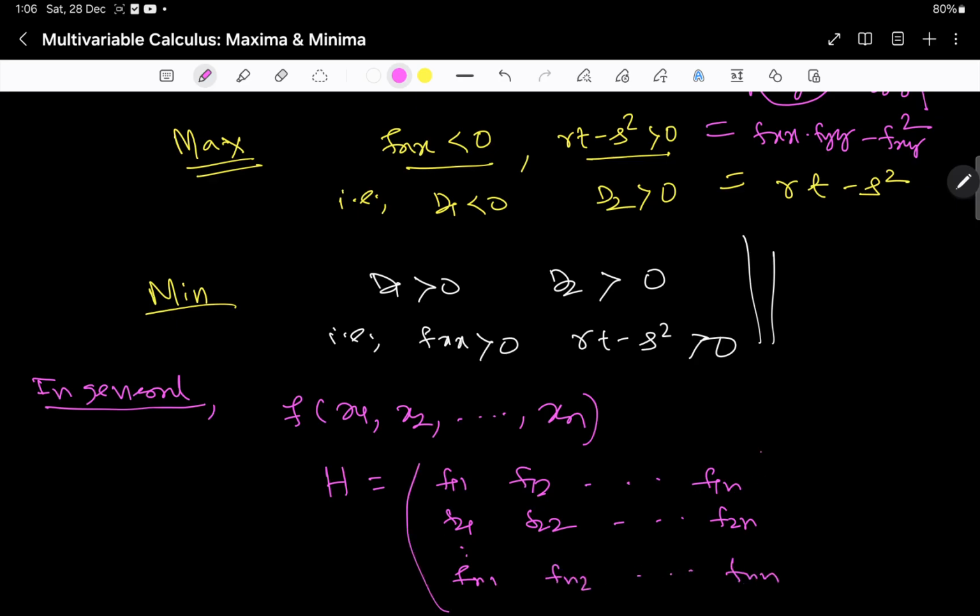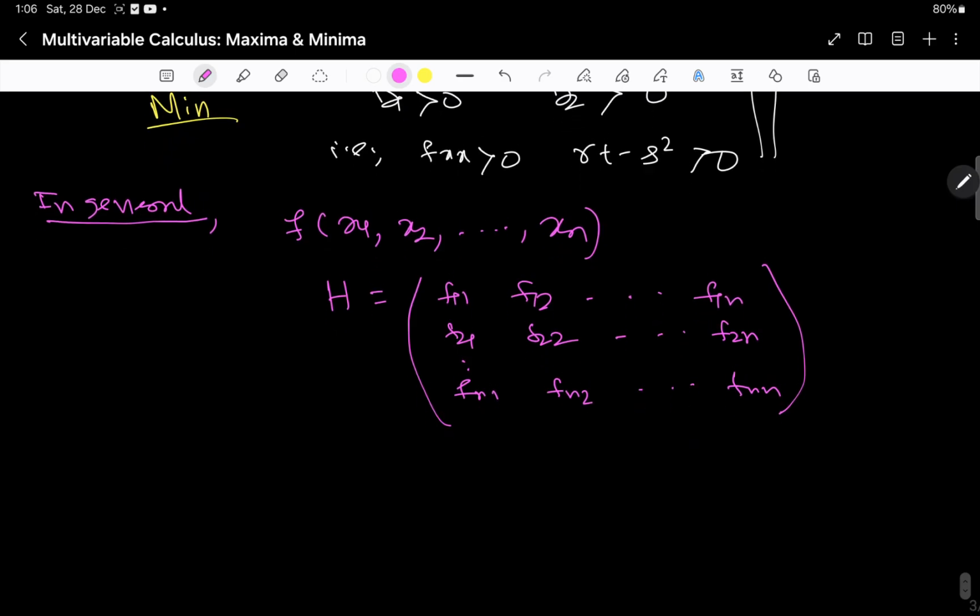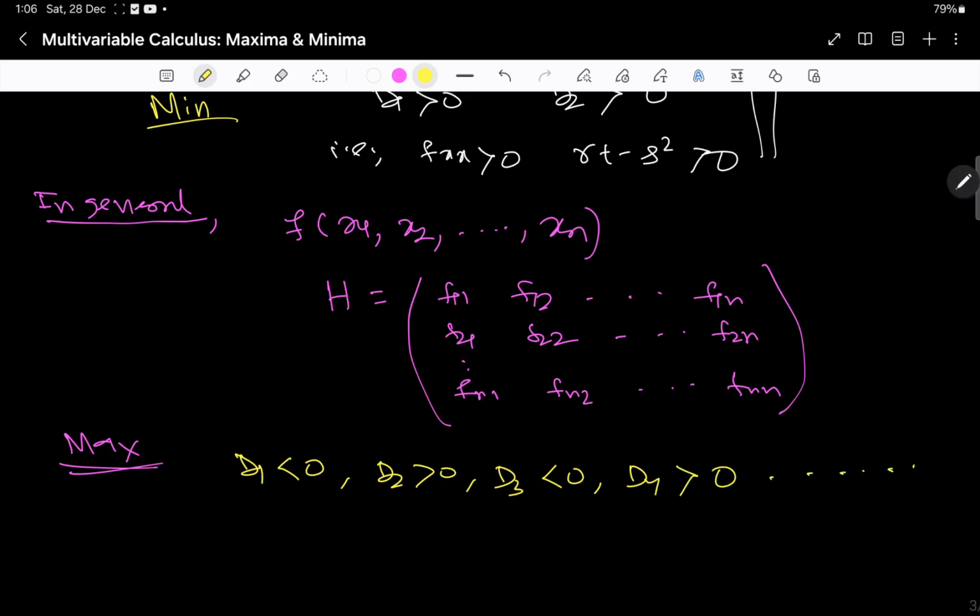We consider the Hessian matrix. Then for maxima you have d1 negative, d2 positive, d3 negative, d4 positive, and so on. For minima all are positive: d1, d2, d3 positive.